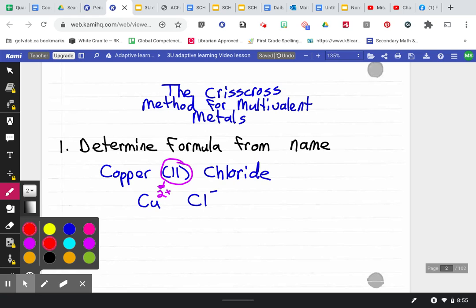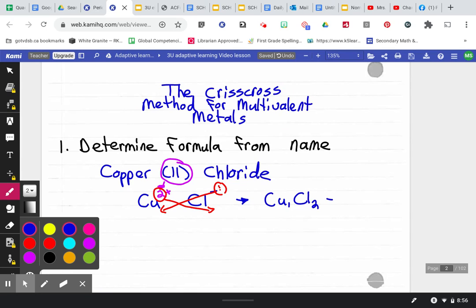So now that we know the ionic charges, we do exactly the same thing as before. We drop the symbols, and this is an invisible 1, and we cross the charges, and we end up with Cu, invisible 1, Cl2.